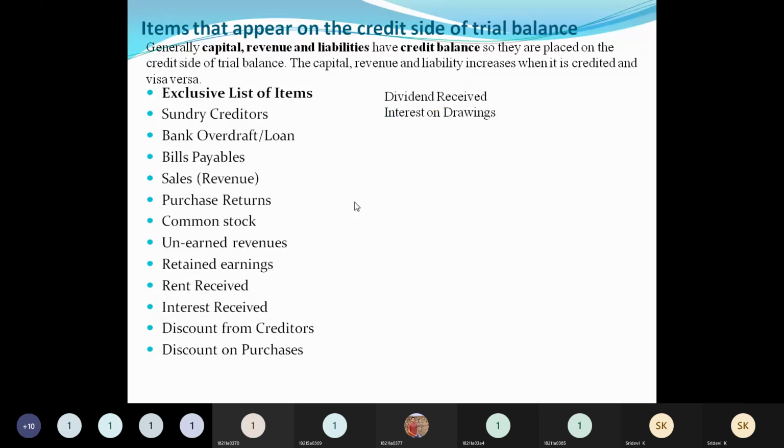Interest on drawings will be received, because the amount was drawn by the owner, and on that the interest will be paid to the company, meaning it will be received by the company. That is income. And bad debts are unrecovered credit amounts from the debtors, right? If it is recovered, it is treated as income.